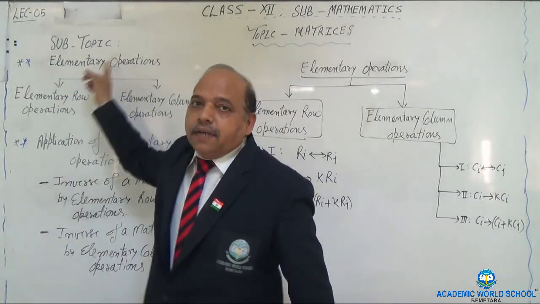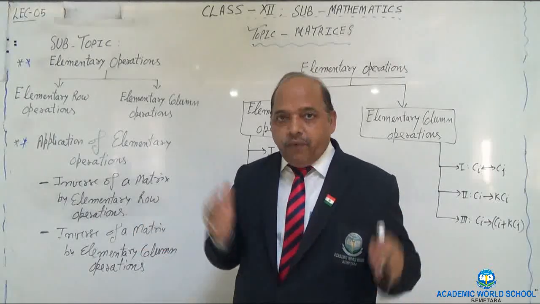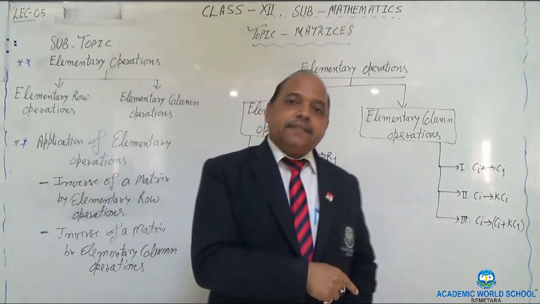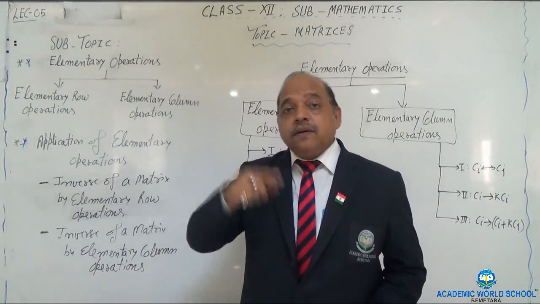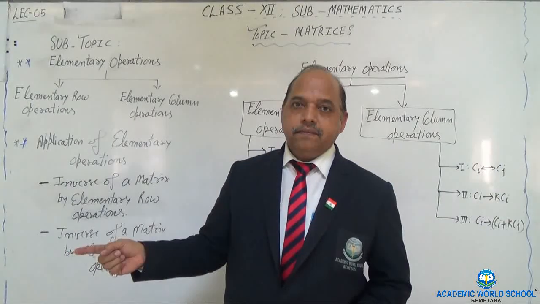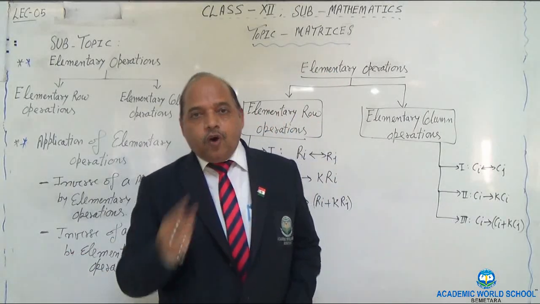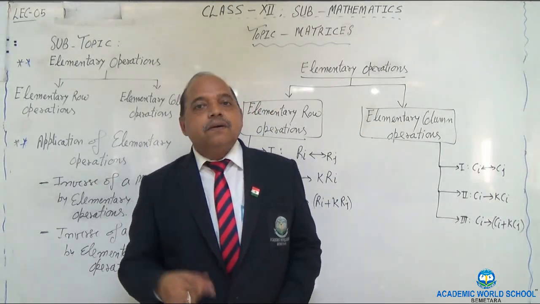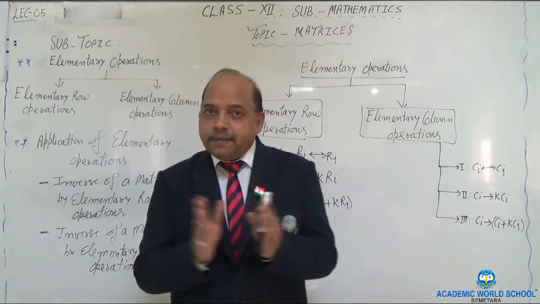Elementary operations are classified in 2 parts: one is elementary row operations and the other is elementary column operations. Please understand, elementary row operations and elementary column operations. Please remember that both are different.